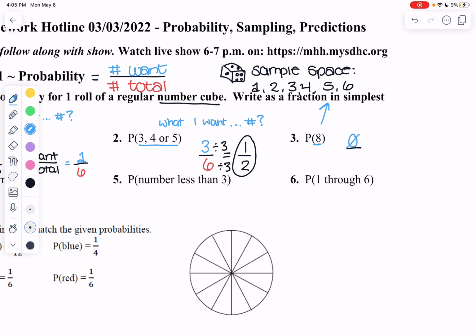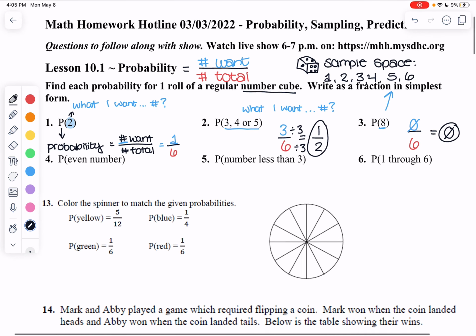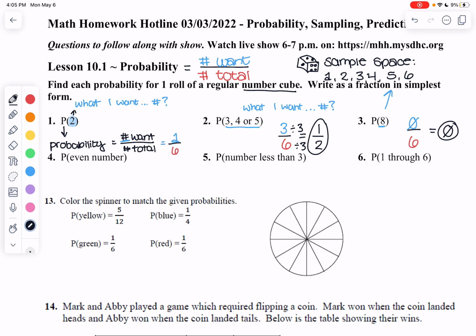There aren't any, okay? 0 divided by 6, or 0 divided by anything, is just going to simplify to 0. So there's a 0% chance we roll an 8 on a dice that does not have an 8 on it. That makes sense.